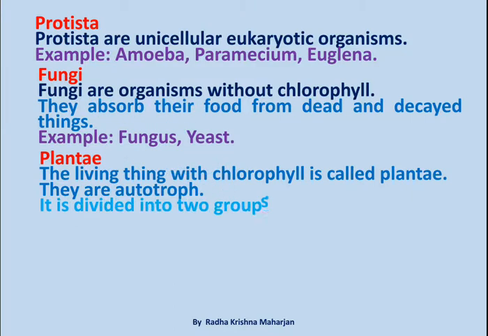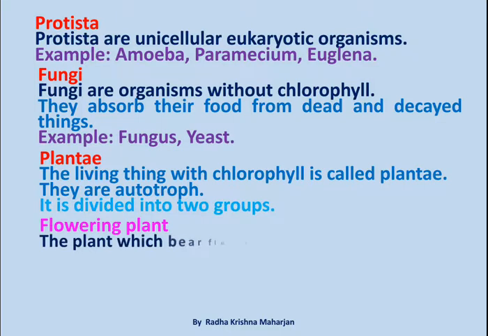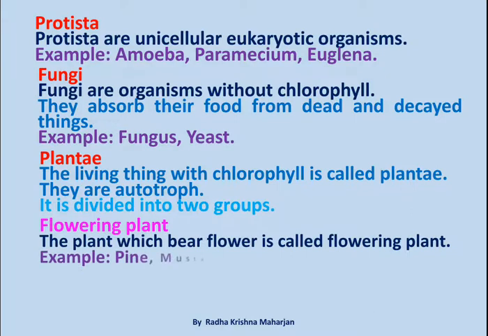It is divided into two groups: flowering plant. The plant which bear flower is called flowering plant. Example: pine, mustard, rice, mango, orange.